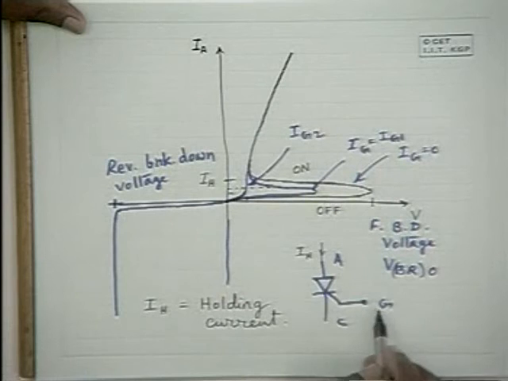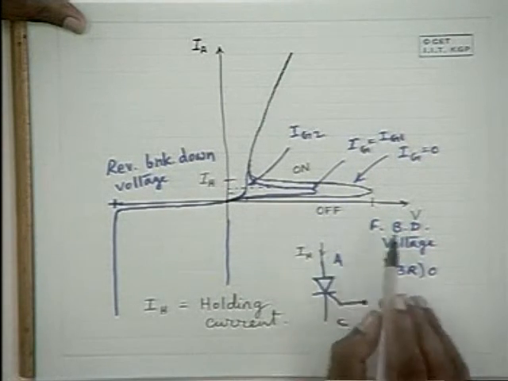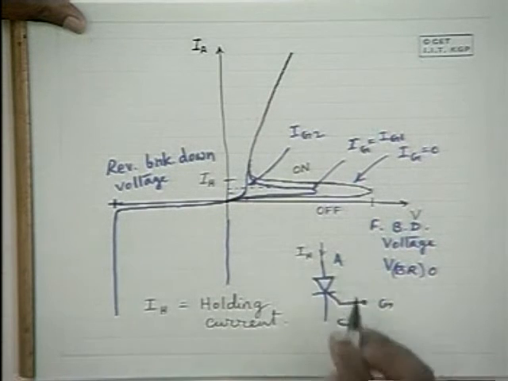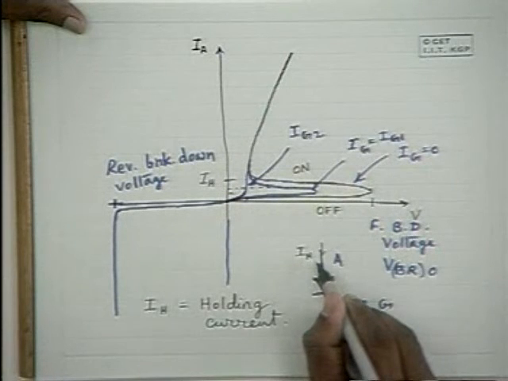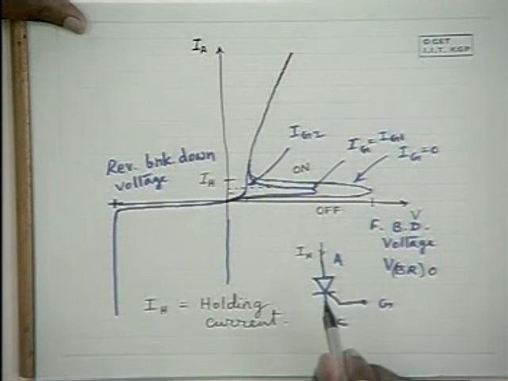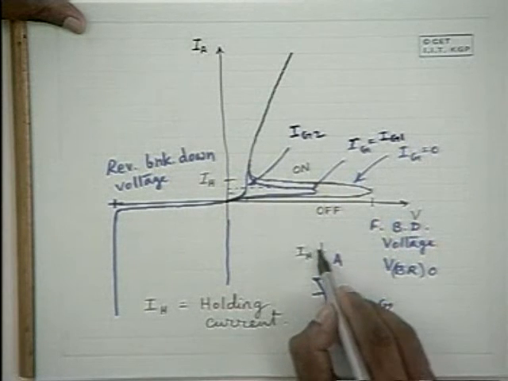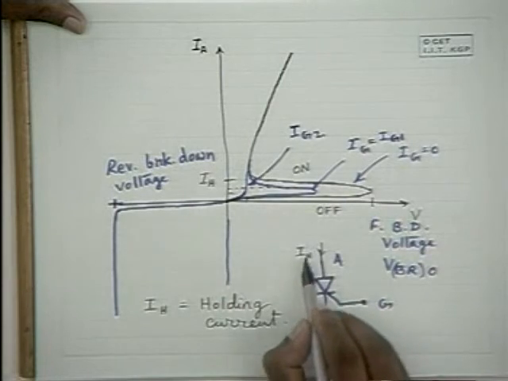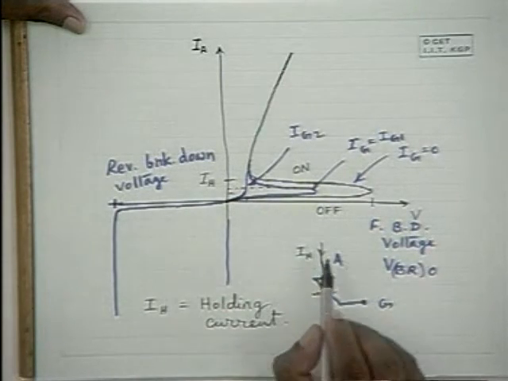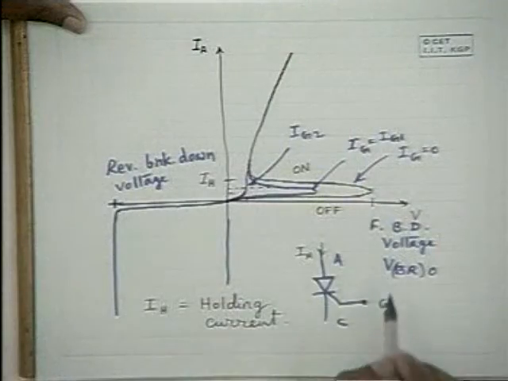That means if you make the device on through a gate pulse or through a breakdown potential, by applying a potential more than the breakdown potential, then if you want to turn off the device, you should see that the current flowing through the device goes below the holding current IH. If you break the current completely and make it 0, naturally it is going to be off.